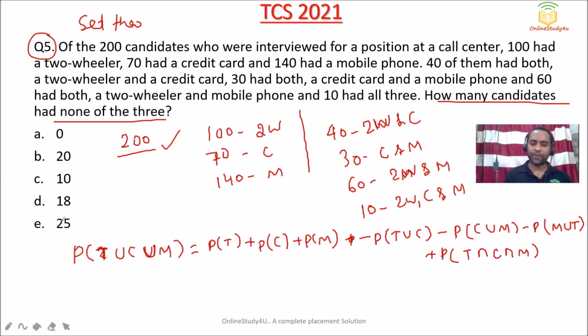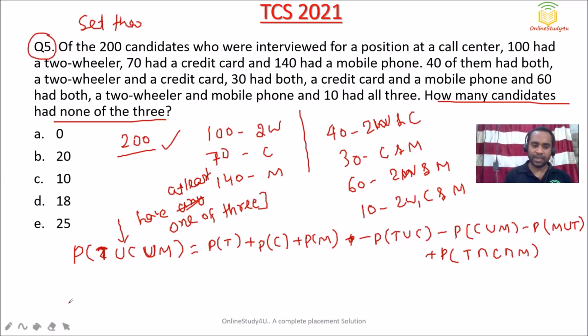Now friends, what is the meaning of this particular term? P(T union C union M) means this many people have at least one of the three. So be very clear, friends.